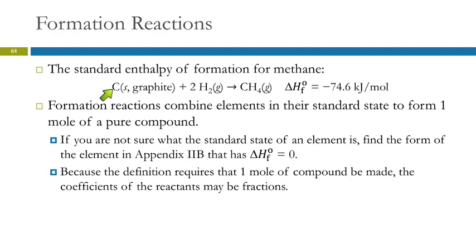They are the ones that are 0. So solid carbon as graphite is 0, and H2 gas is 0. So the heats of formation for those things are 0. So the standard heat of formation for methane is minus 74.6 kilojoules per mole. People have done the experiment, measured it, tabulated results, etc. You look that up in the table.